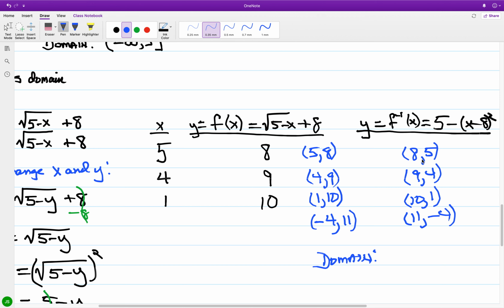And so for the domain of the inverse, you'll be looking at the set of values of x greater than or equal to 8, going from 8 inclusive on out to infinity.